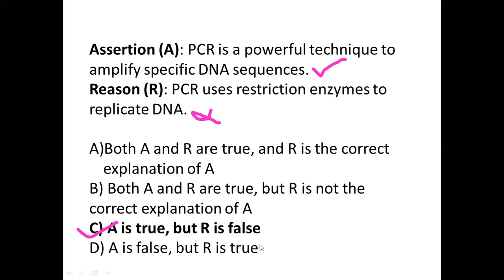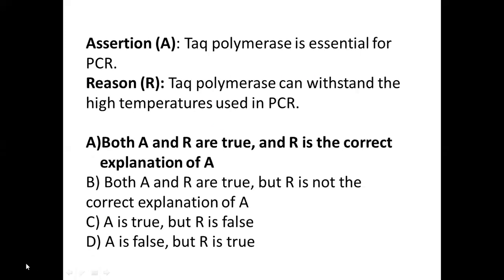Next question. Assertion: Taq polymerase is essential for PCR. Yes, of course it is essential. Reason: Taq polymerase can withstand the high temperatures used in PCR. Yes, that's the reason we use it.